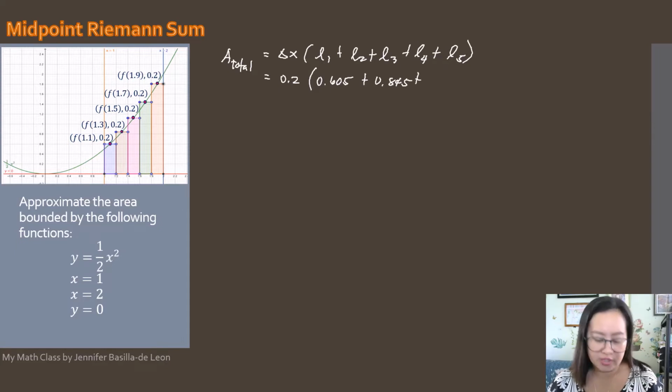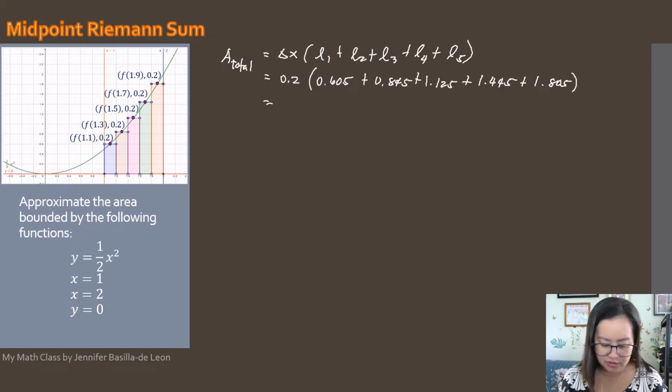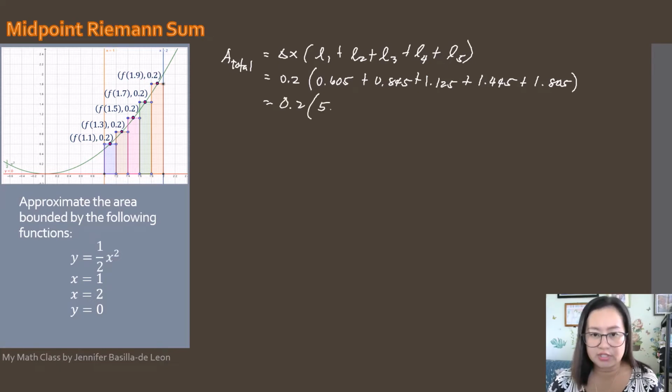For the third rectangle, the length is 1.125. For the fourth rectangle, we have 1.445. And the last rectangle has a length of 1.805. Now, adding the lengths of the rectangles, we will arrive at 5.825.